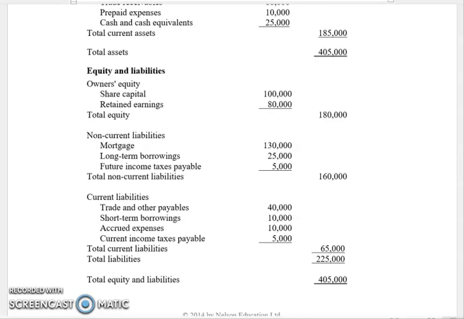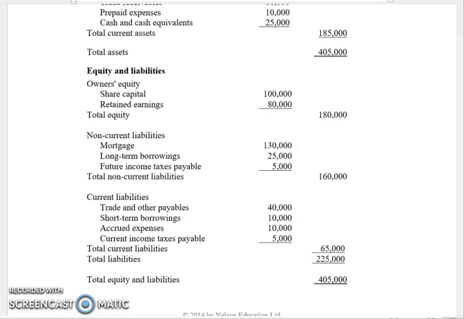Okay, so we'll move down to the equity and liability section. For our owner's equity, the two sections that we are focusing on are the share capital, or the amount that we have sold shares for over the life of the organization. We have sold shares and received cash for those shares of $100,000. And then we have retained earnings of $80,000.